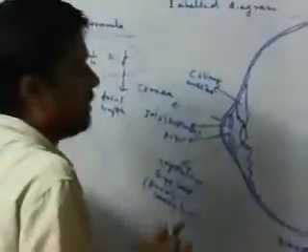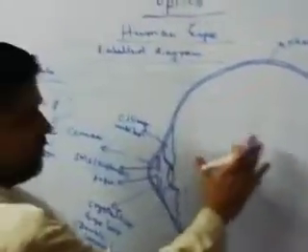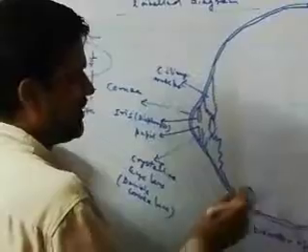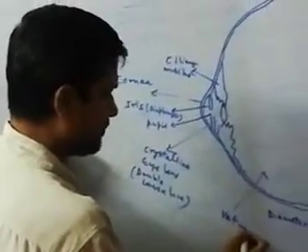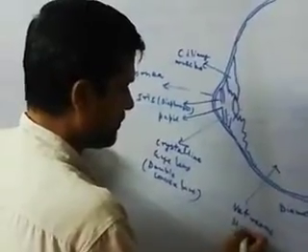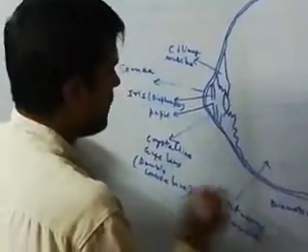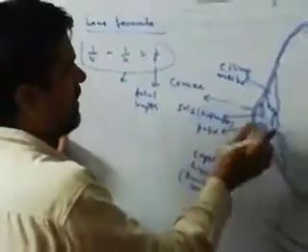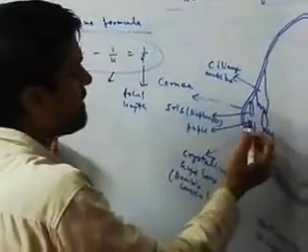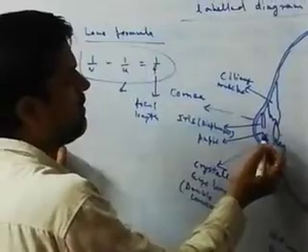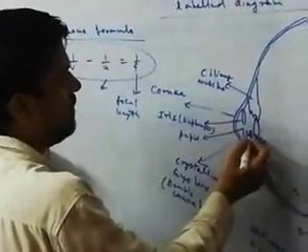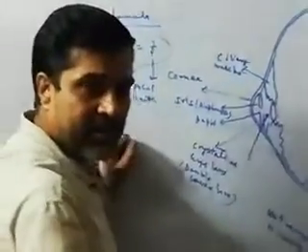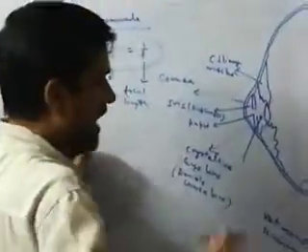But here in middle, also some type of jelly-like liquid is there. That is vitreous humor. And in between this iris and pupil and lens system, there is also a liquid, aqueous humor.